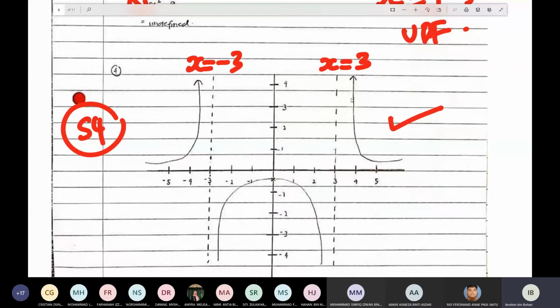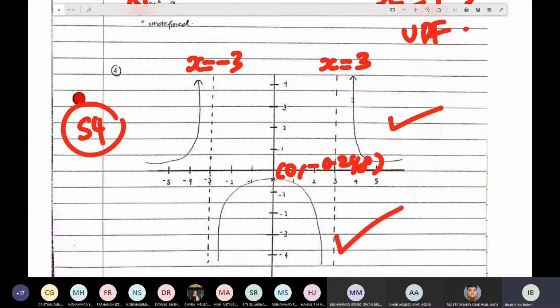And then you label the y-intercept of the function, which equals negative 0.248. And the horizontal asymptote here, y equals 0.